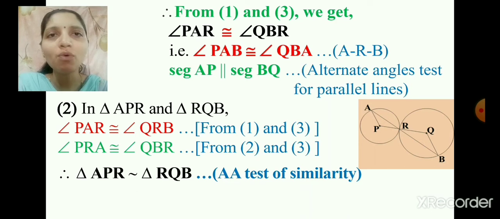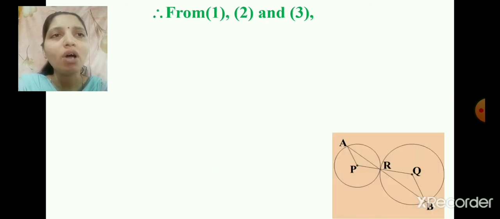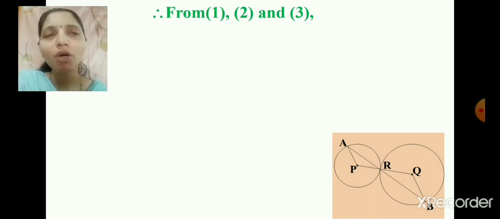Now let's move on to the third sub question. Here what is given to us? Angle PAR is equal to 35 degrees. They have given you one angle measure and you have to find the other angle. Therefore from equations 1, 2 and 3, you have to see equations 1, 2 and 3 again.